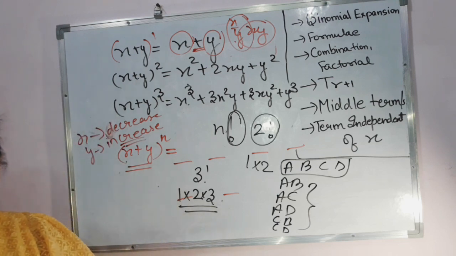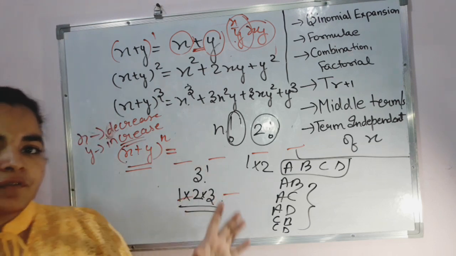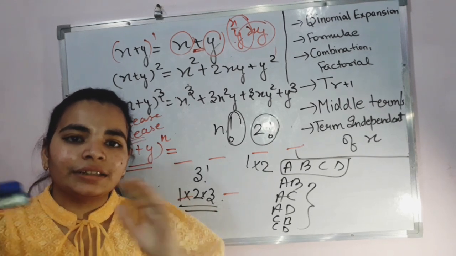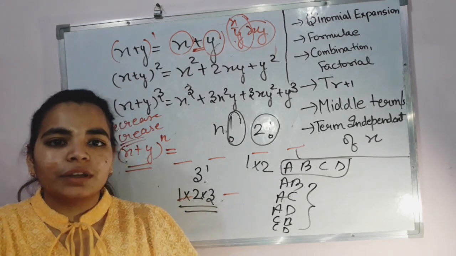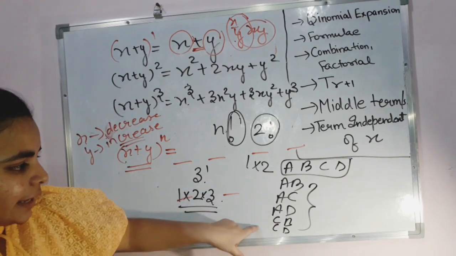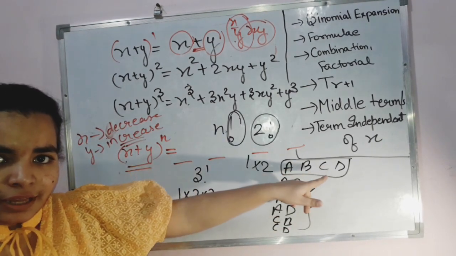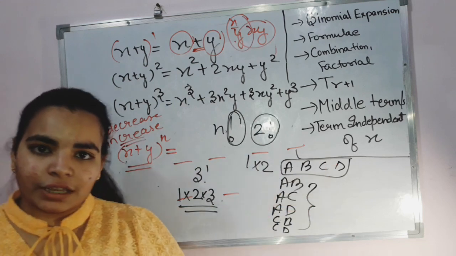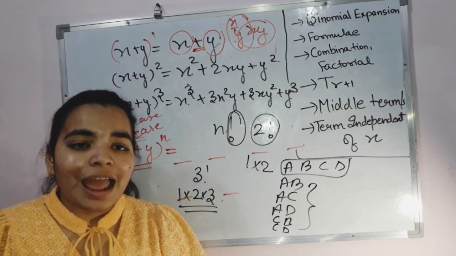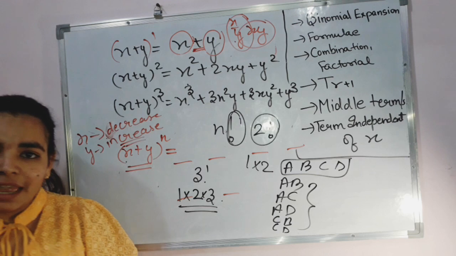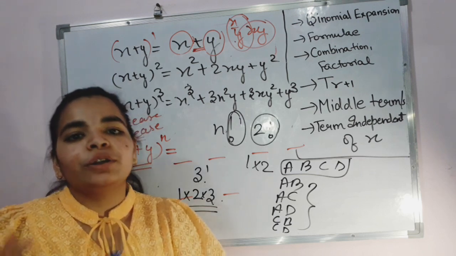So combination here means the selection of all or a certain number of things out of the given number of things. We are selecting a certain number, that is 2, or all the things from the provided number of things. That is the combination part, and it is irrespective of the arrangement of those things.